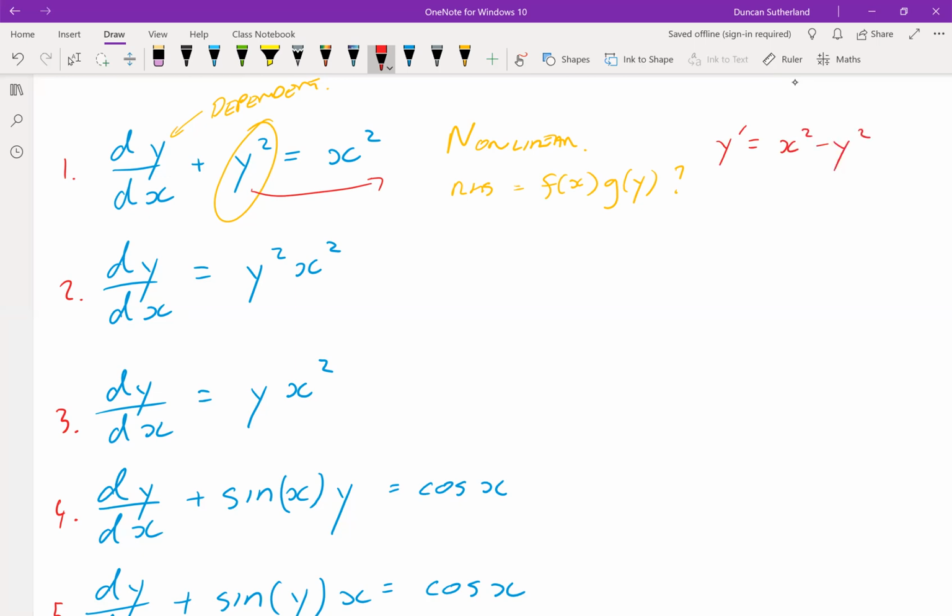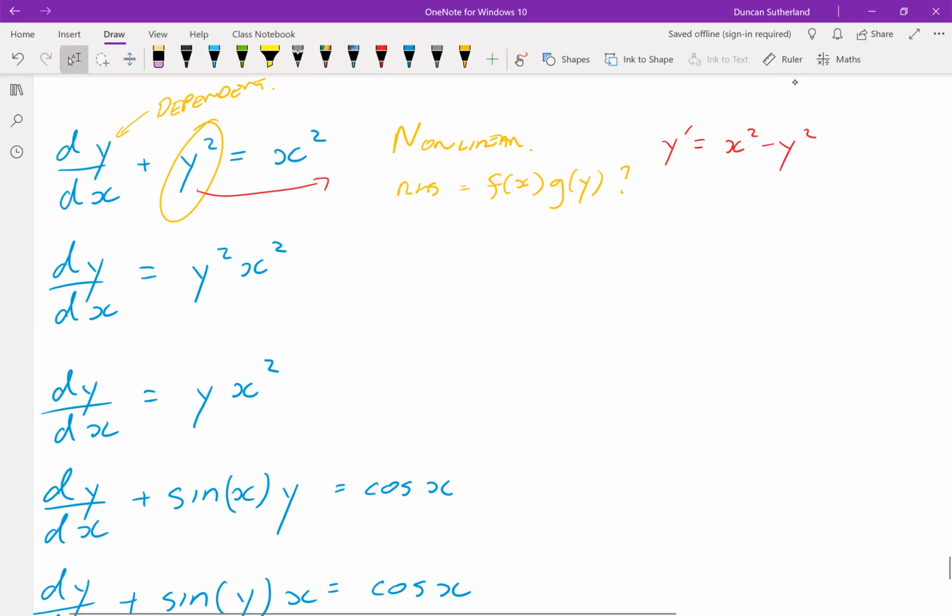That cannot be written as a product of a function of x and a function of y, and this thing is non-separable. So where am I going to write that? Not separable.